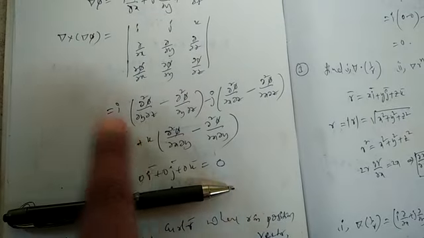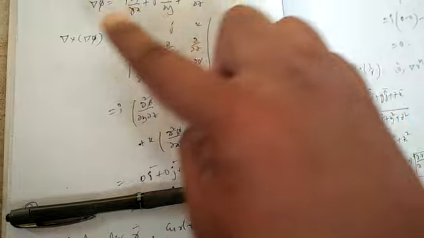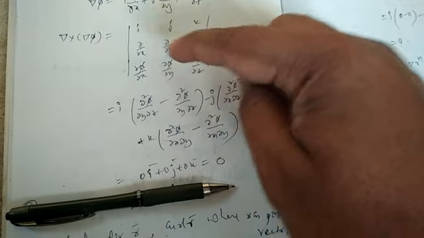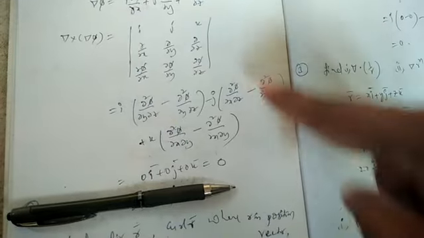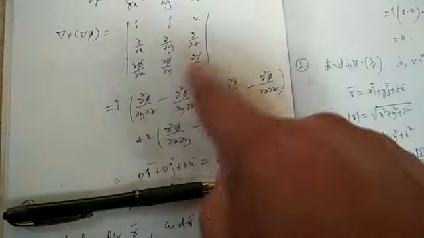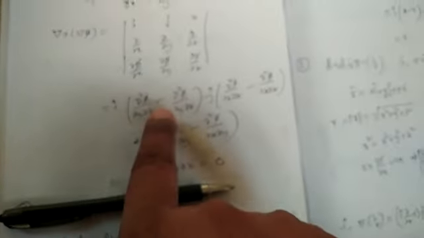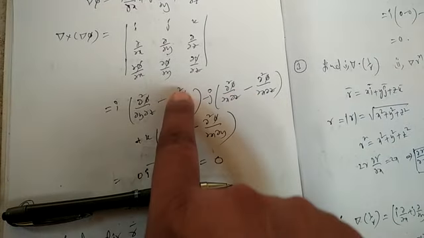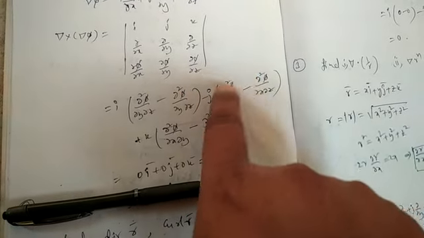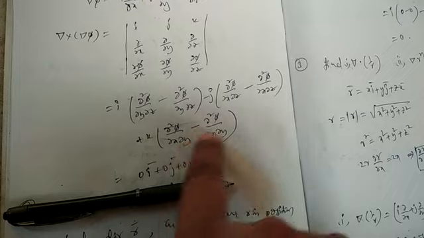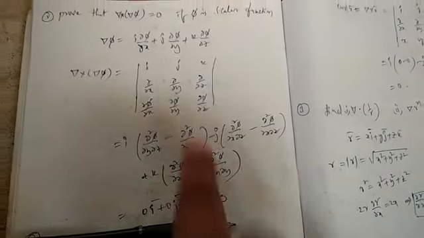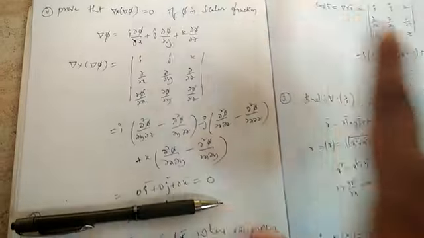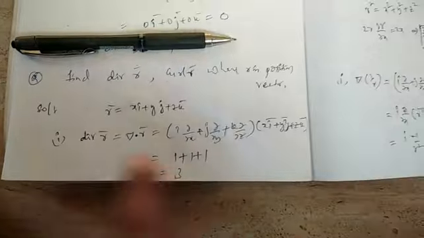Plus k times ∂²phi/∂x∂y minus ∂²phi/∂x∂y, the same term. Simply they cancel, so each term is 0. So 0i plus 0j plus 0k equals the zero vector. Hence proved.